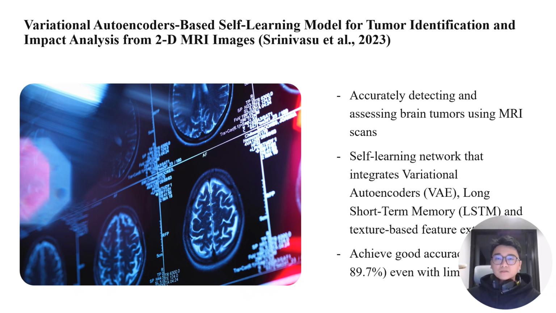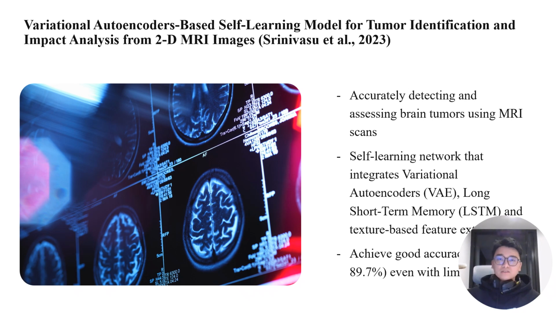This paper addresses one of the most important challenges in medical image analysis, which is accurately detecting and assessing brain tumors using MRI scans. The traditional deep learning models require very large datasets and extensive training time, which is often not feasible in real-world healthcare scenarios where labeled data is scarce.